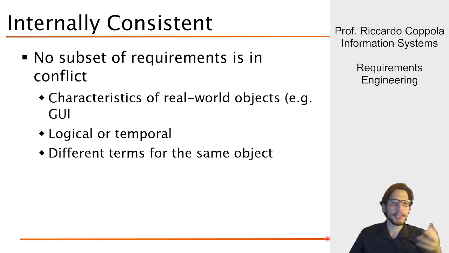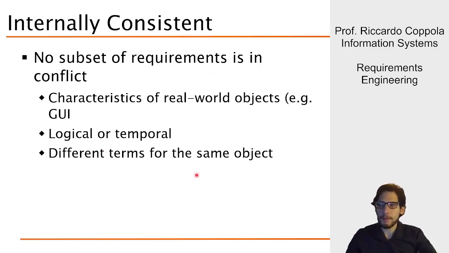So I need to take care if something invalidates something else, or if I have timing relationships between the requirements, if I need that something is performed before something else without contradicting it, and so on. Of course, again, to reduce the ambiguity, I have to avoid using different terms for the same thing.